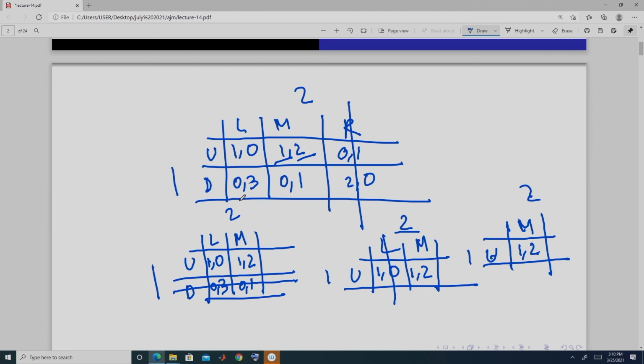Similarly, player 1 will first eliminate this, then this, and then this, and then end up in this situation. So, what is happening?